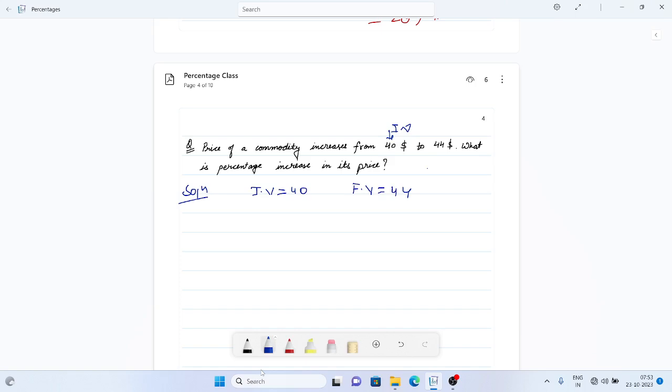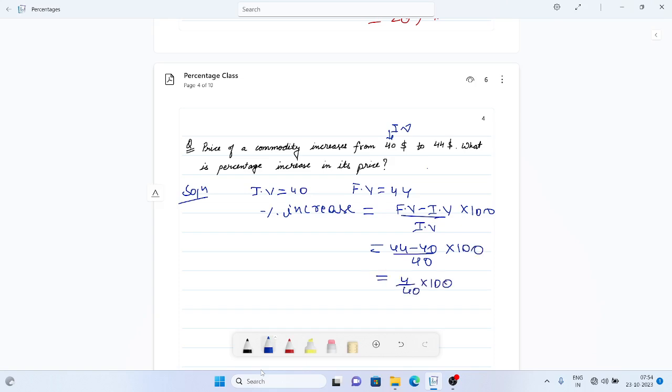The formula for percentage increase is final value minus initial value upon initial value into 100, which is 44 minus 40 upon 40 into 100, which is 4 upon 40 into 100, and 10% is the answer.